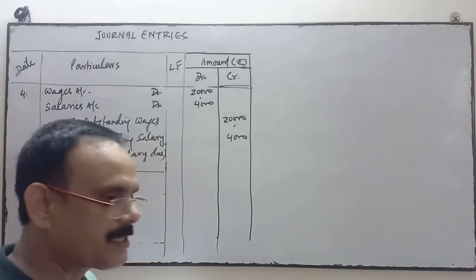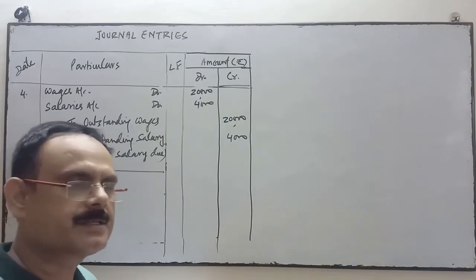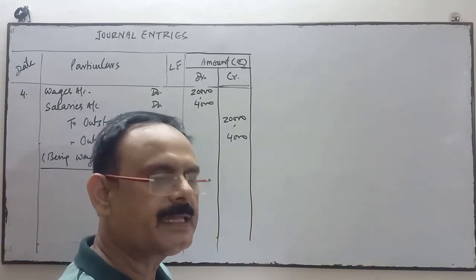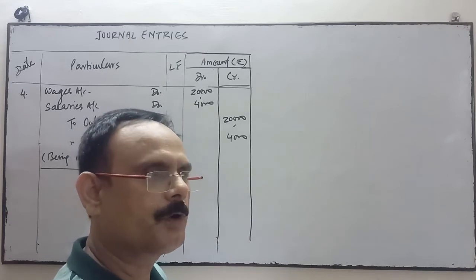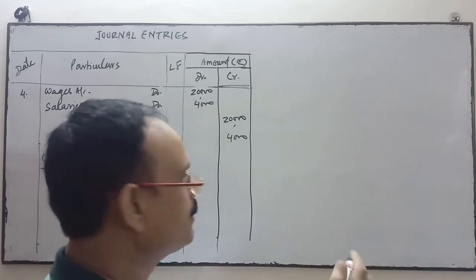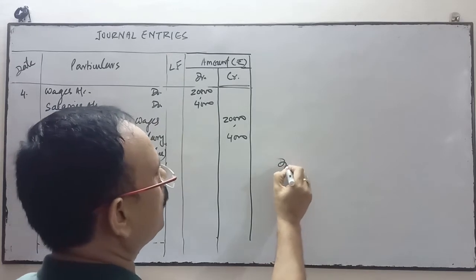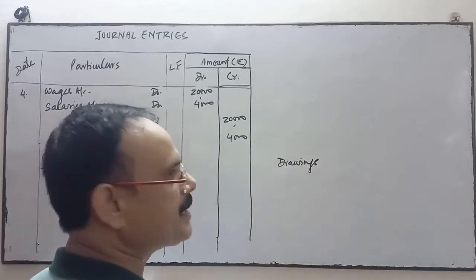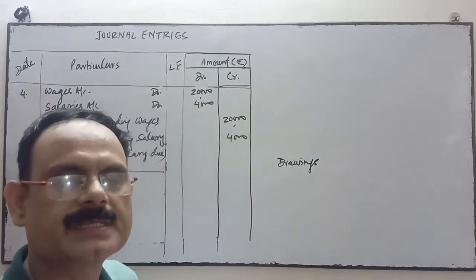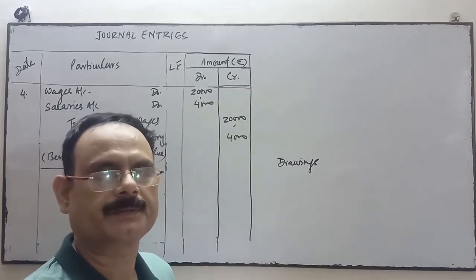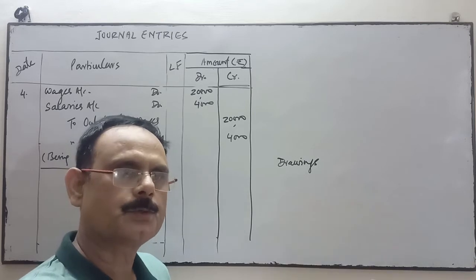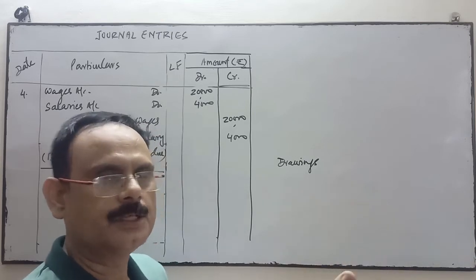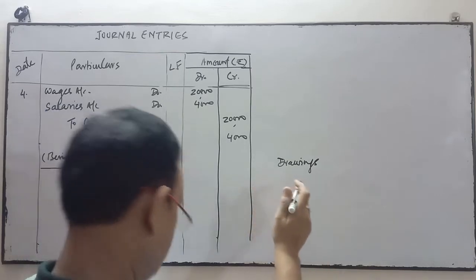So when the business purchases furniture for the proprietor, it means the business has given the amount to the proprietor for personal use. So instead of furniture account, we will open the drawings account. It indicates that the proprietor has withdrawn the amount from the business for personal expenses. So that is called drawings.